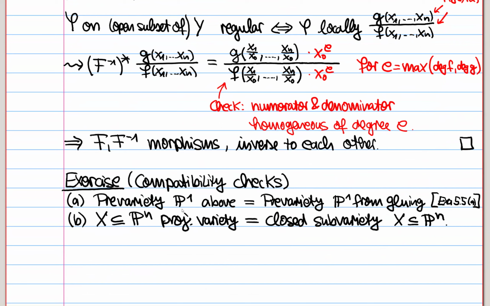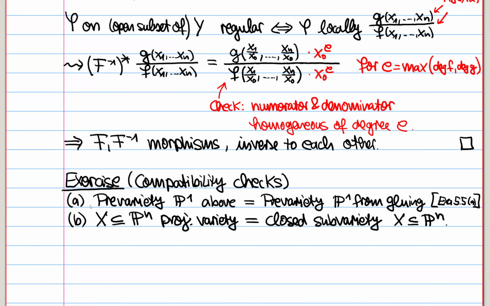What you can check is that that P1, which we constructed by hand, is the same pre-variety as the pre-variety P1 defined above on projective space, and you can check these are the same structure.